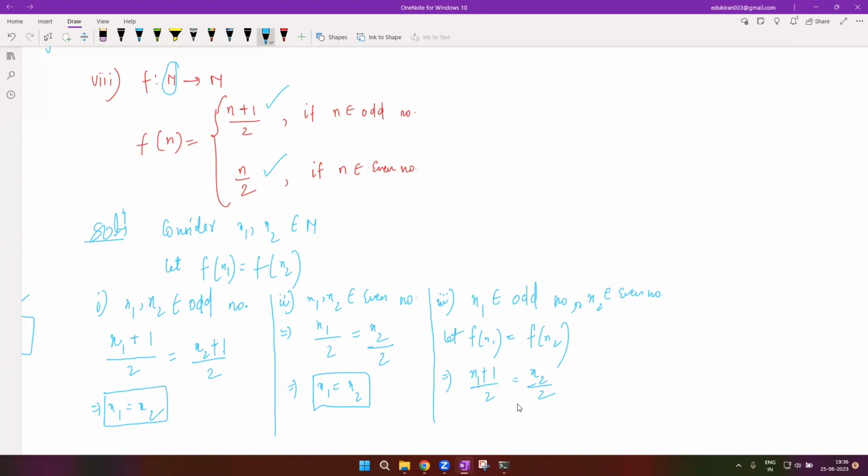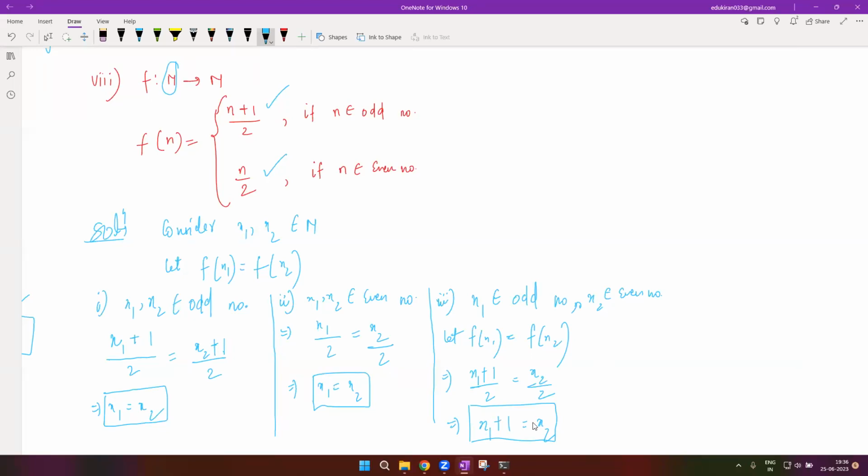You can easily observe the 2 gets cancelled out with 2, but x1 plus 1 is equal to x2 this time. This is producing a result different than x1 is equal to x2.